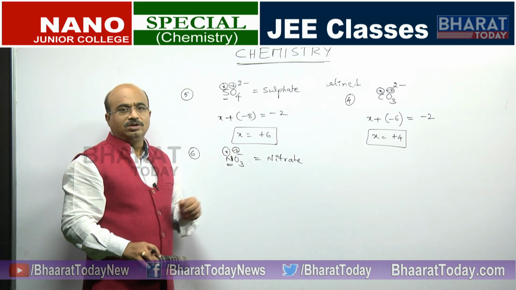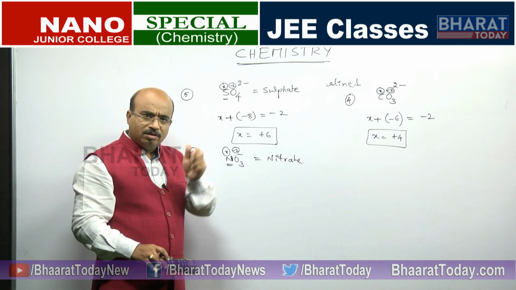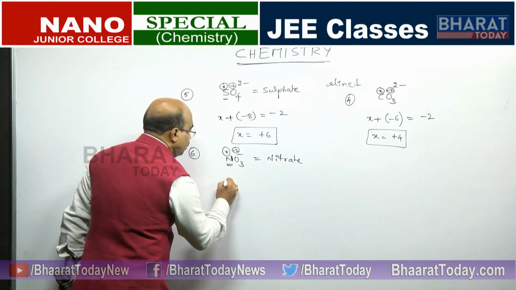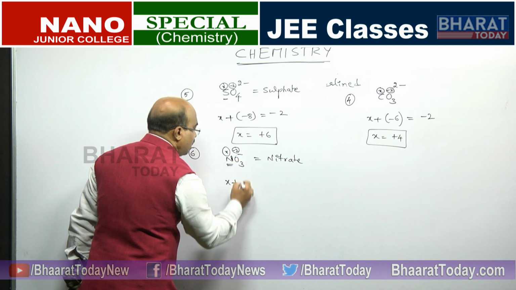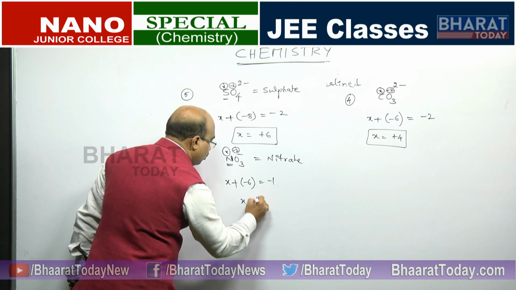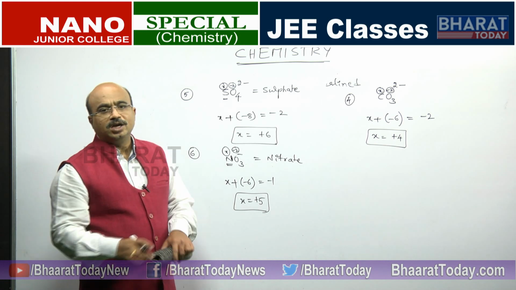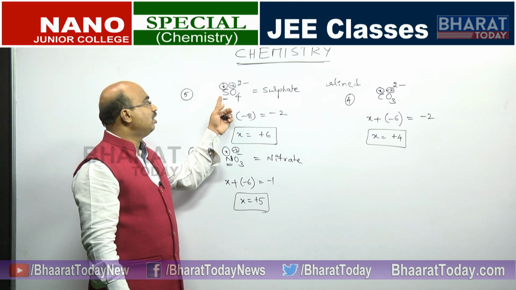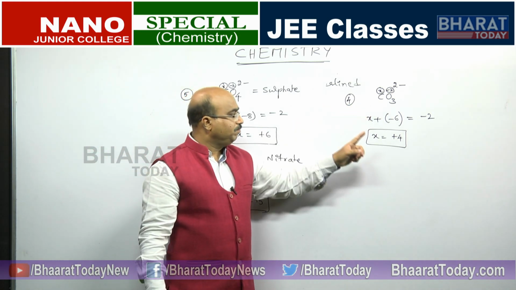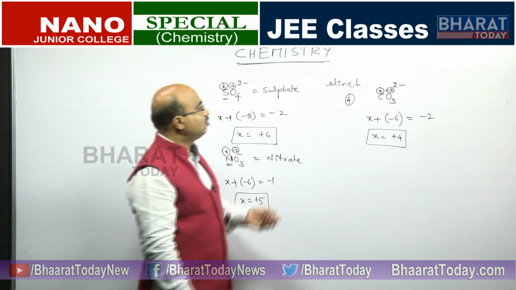So just take the charge we write on the species as a separate thing. Now x plus minus 6 is equal to minus 1, so x is equal to plus 5. So the oxidation state of nitrogen in nitrate ion is plus 5, of sulfur in sulfate ion is plus 6, and of carbon in carbonate ion is plus 4. This is how we go on seeing it.